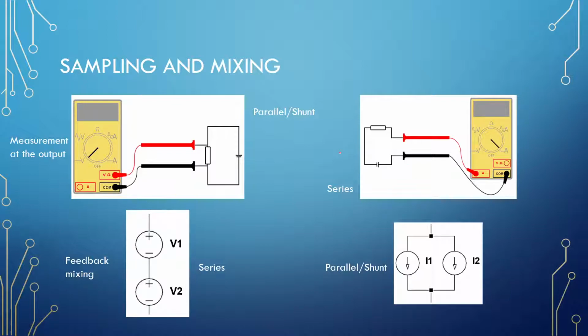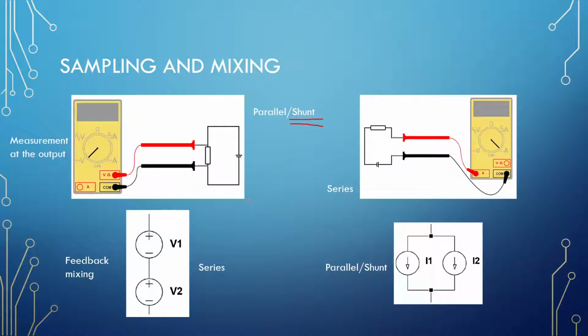If you're dealing with a voltage output and you need to measure the voltage output, we always measure voltages in parallel if we have to use a multimeter. So put this image in your mind. If you need to measure a voltage, it should be in parallel or shunt. From now on, we're going to use the word shunt.